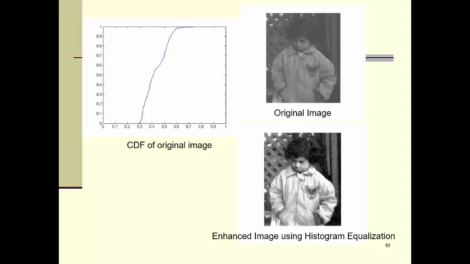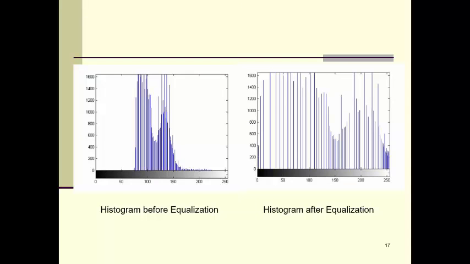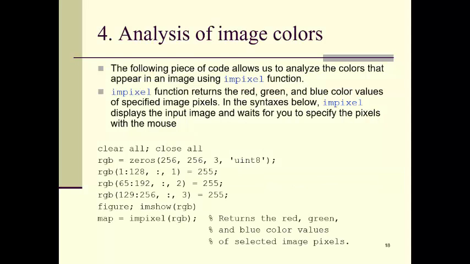Clear? Fine. Also, there is a very useful function that we'll see if we want to make an analysis of the image colors. We have a function called impixel. It allows me, for example, if I have a window in which an image is already displayed, to select a pixel with the mouse, click on it, and it will give me information about its color.